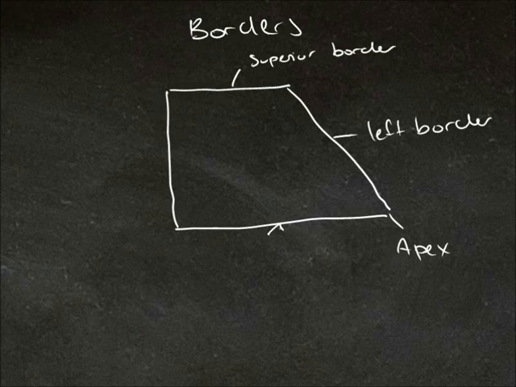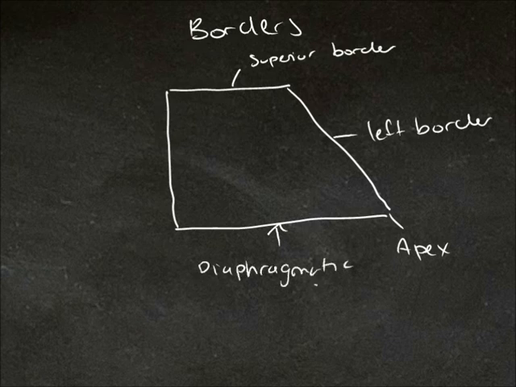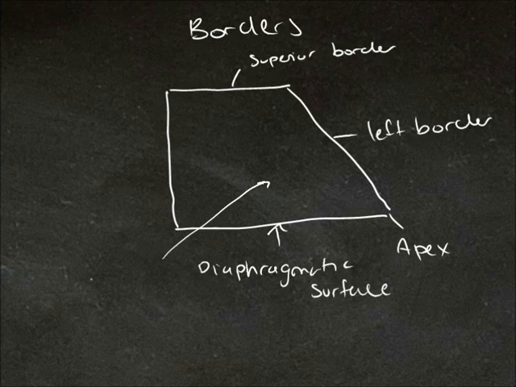Here is what's known as the diaphragmatic surface, because it's down here with the central tendon and the diaphragm. On the front, you have the sternocostal surface.